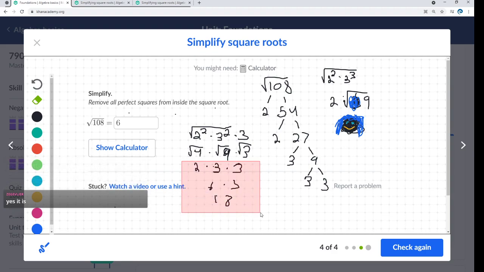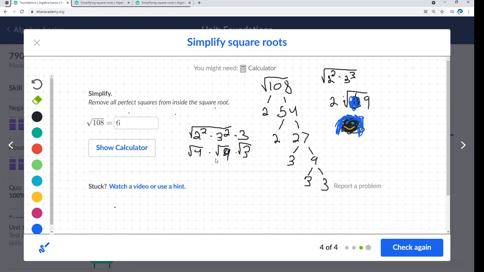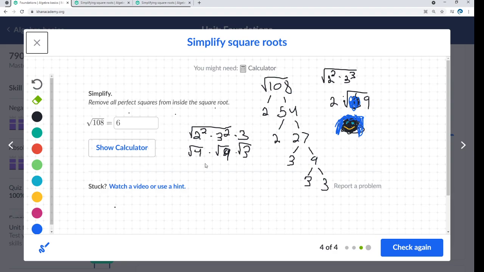Let's clear out all this stuff over here. 2 to the second power. 2 times 2 is 4. Right? And then 3 times 3 is 9. And then we have this 3 over here, and so we're doing the square root of 3.